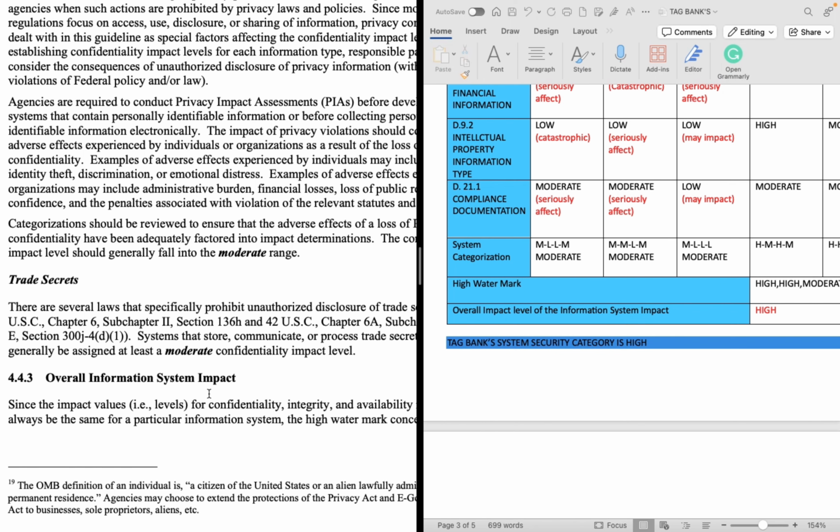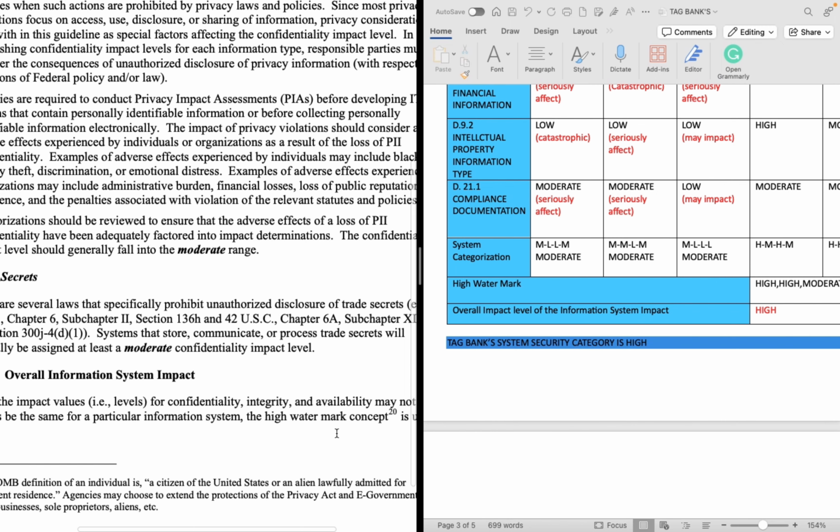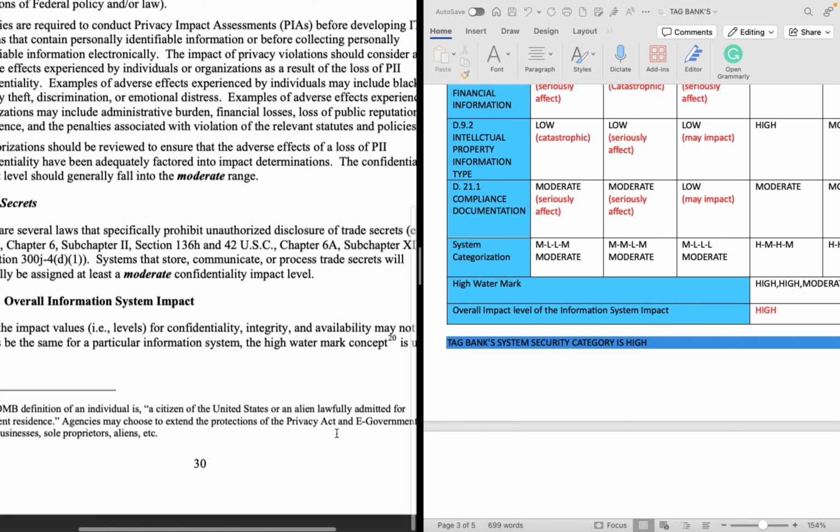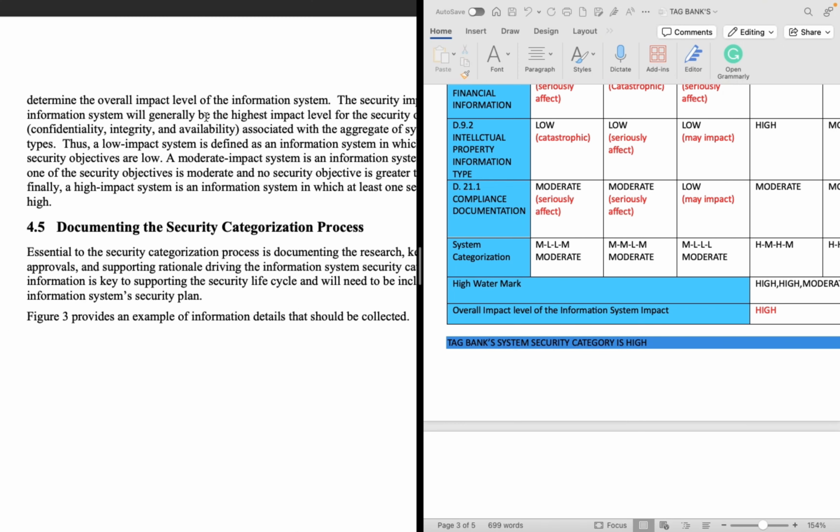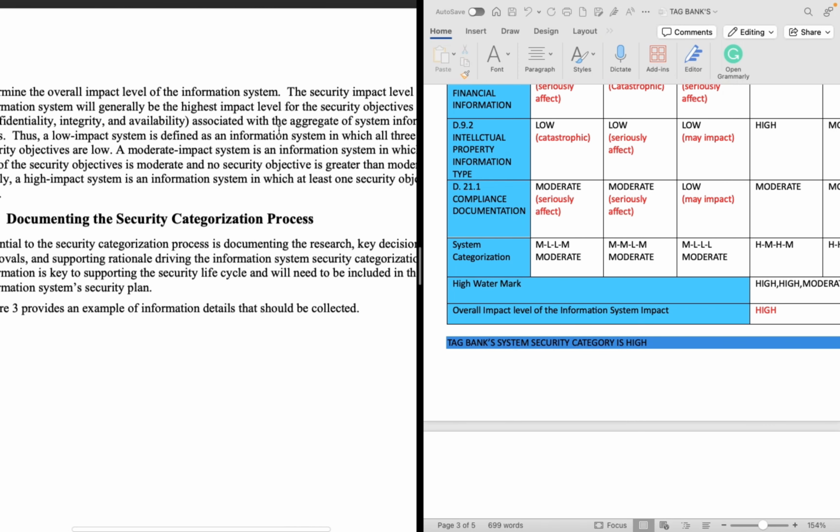Now, how do we calculate the overall information system impact? If we go to the NIST 800-60 Volume 1, it gives us an insight. So it says, since the impact values for confidentiality, integrity, and availability will always be the same for a particular system, the high watermark concept is used to determine the overall impact level of the information system.